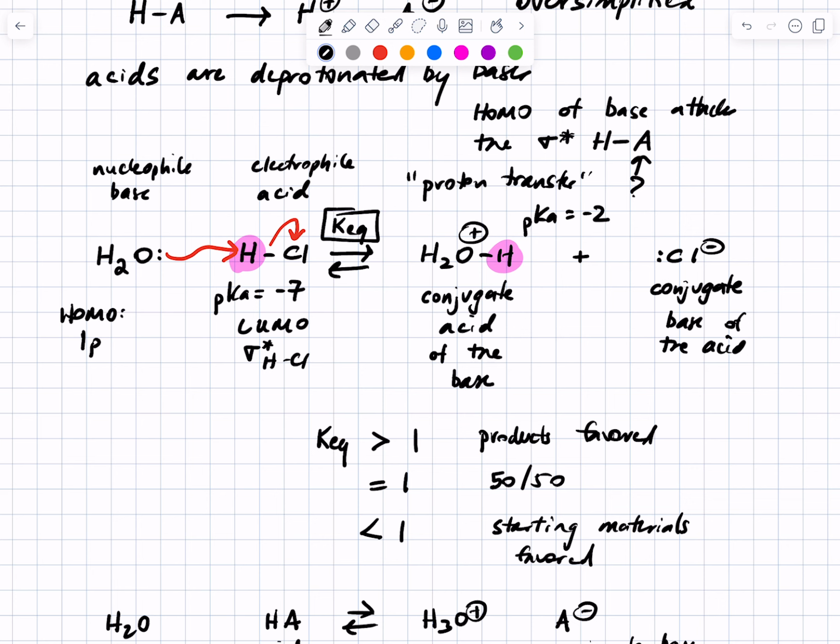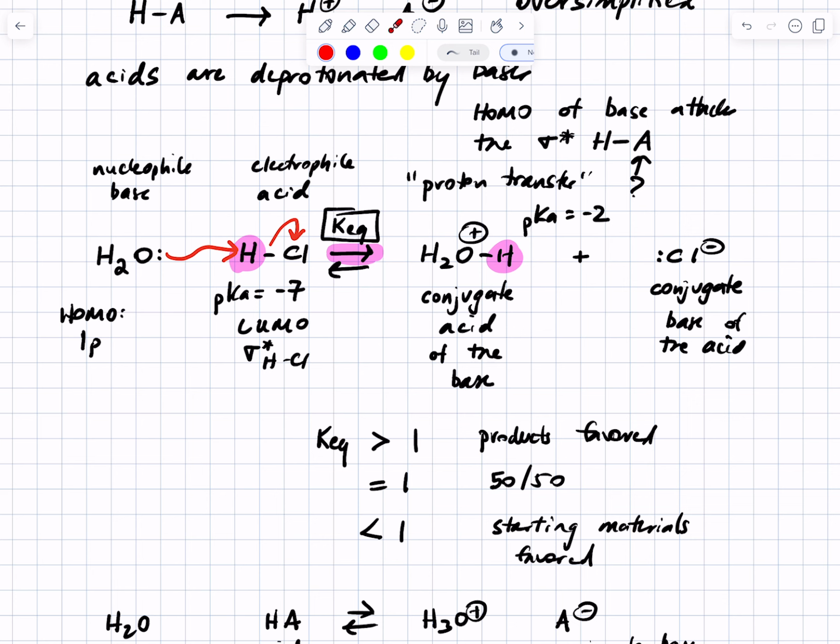So which acid is stronger here, HCl or H3O+, just by comparing pKa's? HCl, right? Stronger acid. The stronger acid wins by losing its proton. So at equilibrium, we would favor H3O+ and Cl-.